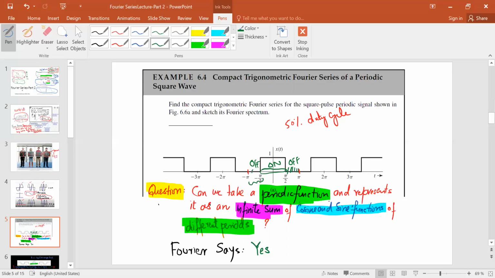So this is the off period, then the on period, then off. If we add these two off periods, then this becomes equal to the on period. That's why I'm writing 50% duty cycle. So this waveform is called a square waveform. It is on for half of the period and off for half of the period.